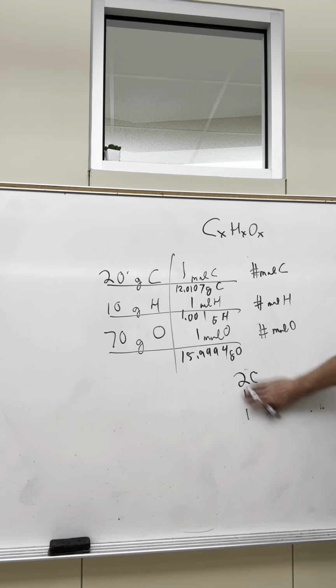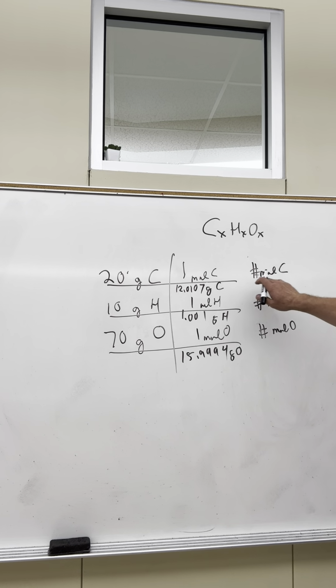So we go back up here, and once I have found my moles of carbon, my moles of hydrogen, my moles of oxygen, I'm gonna do the same thing. I'm gonna divide by the smallest of them, and that will get me my moles of carbon, hydrogen, and oxygen after I divide by the smallest one. And then if I need to multiply, I'll multiply. So let's just say, for instance, this is 1.3, this is 2, and I'm not saying this is what it's going to be by any means, and this is 3.